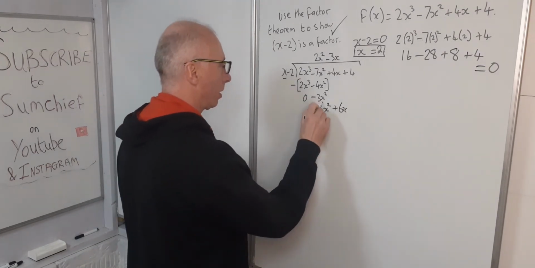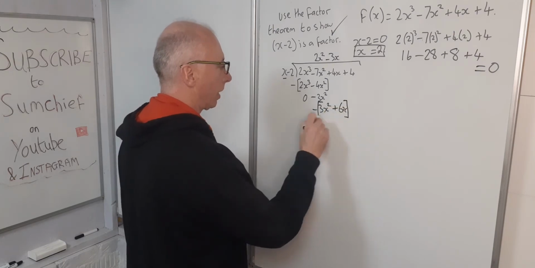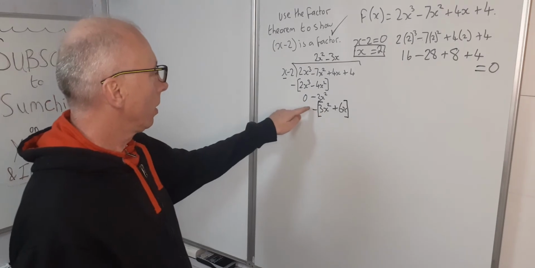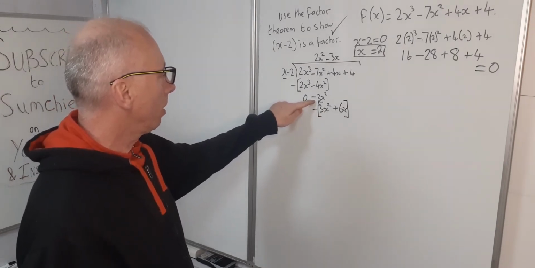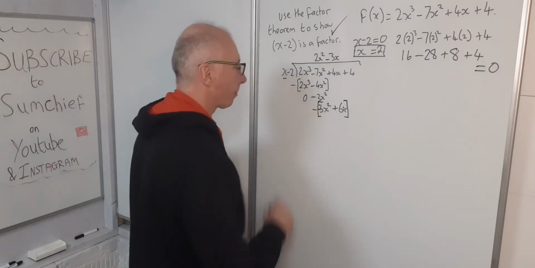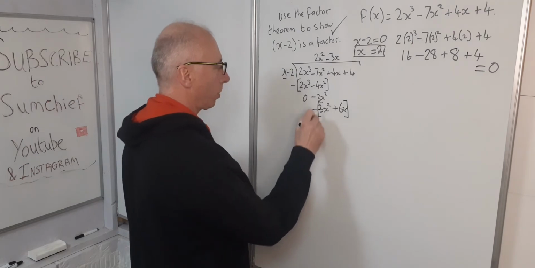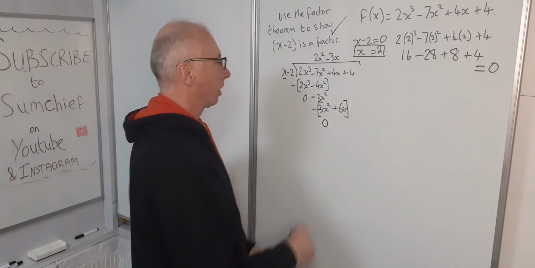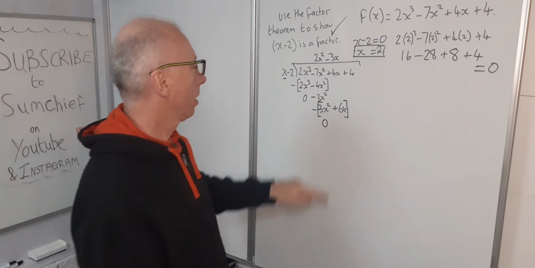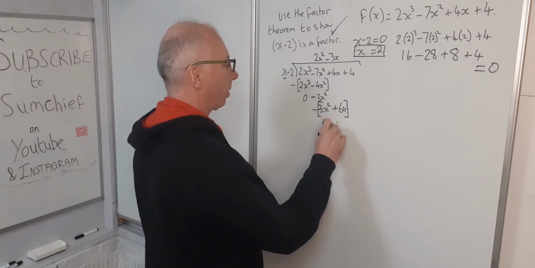Okay, so let's just bring that down here. So now we're going to subtract these off. So minus 3x squared minus minus 3x squared, that gives us 0. 4x minus 6x, that gives us minus 2x.